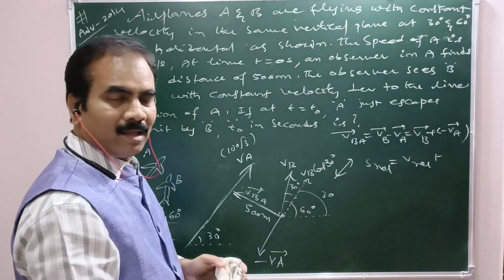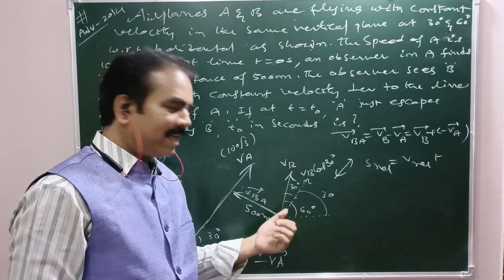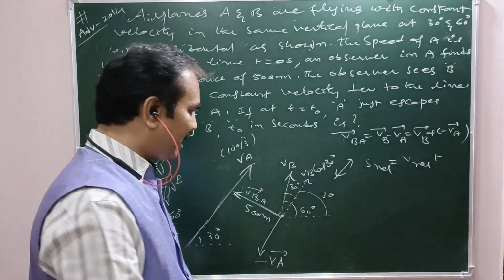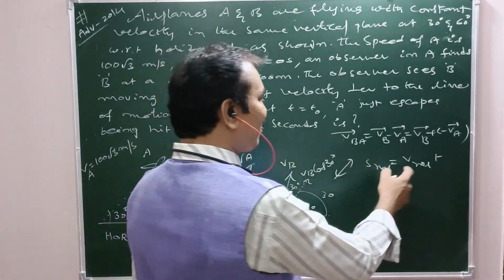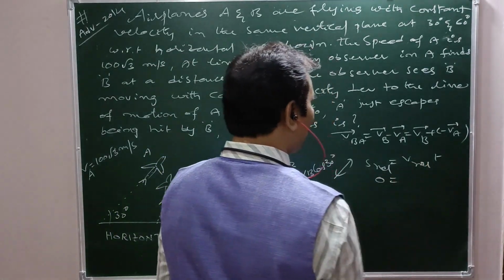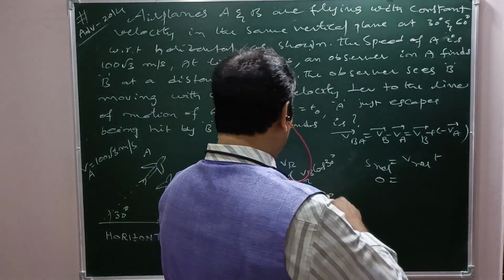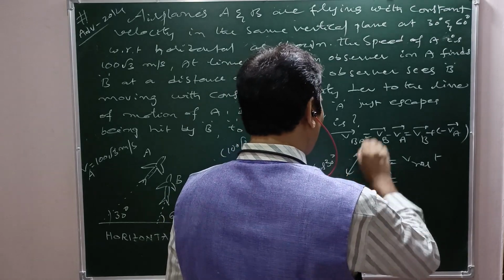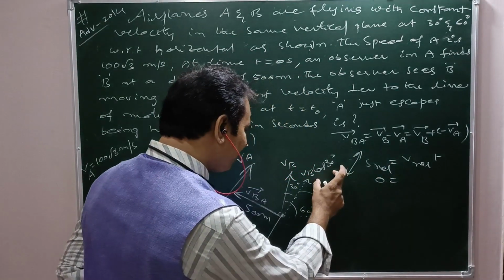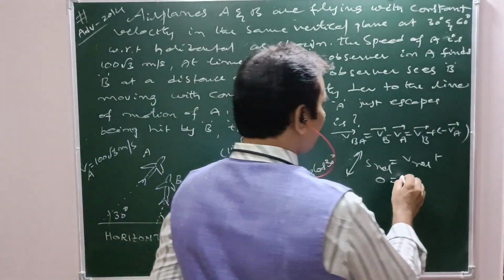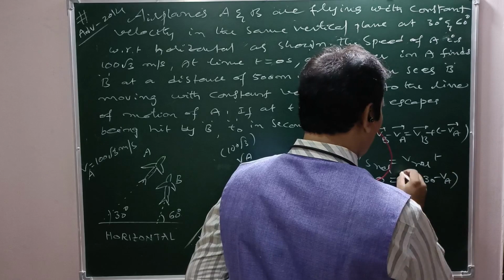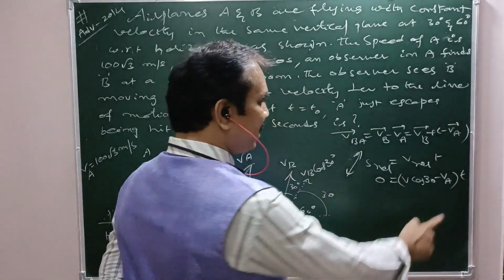Along this way, there is no displacement covered by B with respect to A. Therefore, along this way, S relative equals V relative into T, so S relative is 0, because along this way it is parallel to A. That is, V relative means VB cos 30 minus VA, into T. T can never be 0.